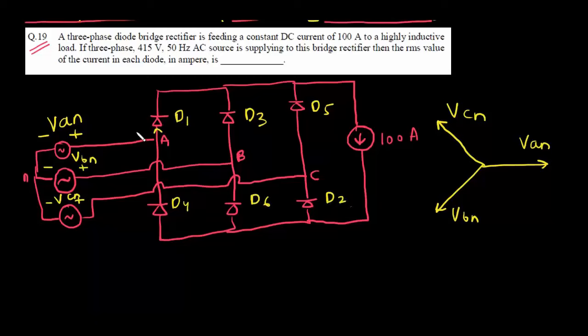In this problem I will sketch the current through the D1 diode, and once we get the waveform of ID1, we can easily calculate its RMS value.